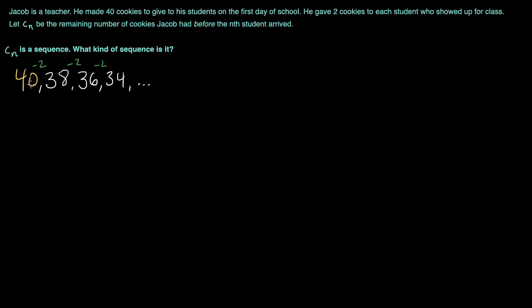We have our starting value of 40, which I'll write out here. And we have a common difference of -2. You might be tempted to look at this and think that there's a common difference of +2 because this is a +2 here. But remember, he's giving these cookies away.